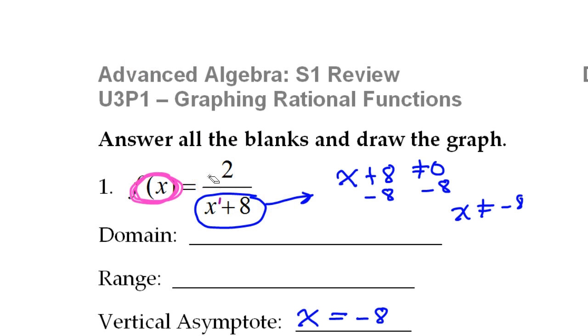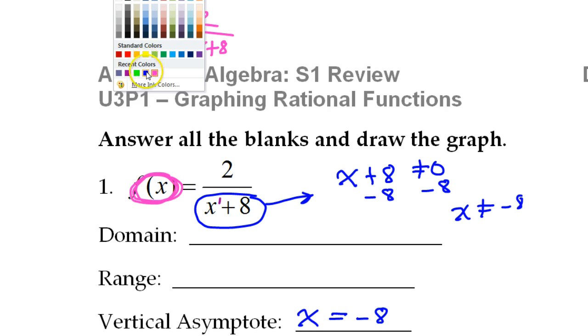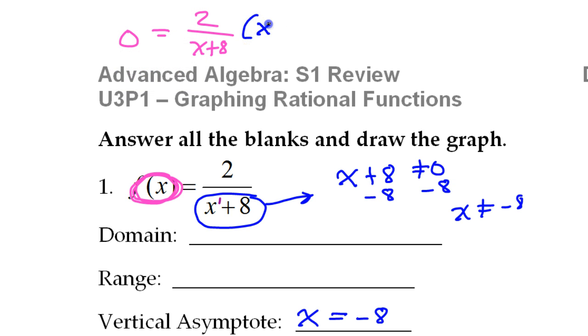let's see what would happen. Well, you know what? I'm going to get something that's basically undefined is what's going to happen. Alright, let me just recopy this up here. So I have 0 is equal to 2 over x plus 8. One of our usual moves would be to multiply both sides by x plus 8.